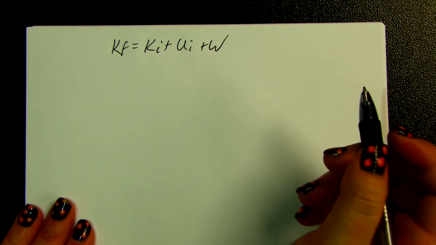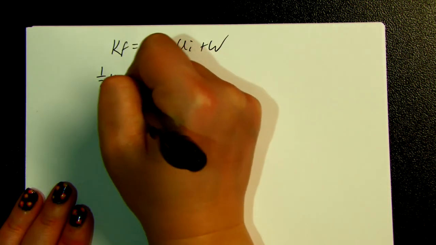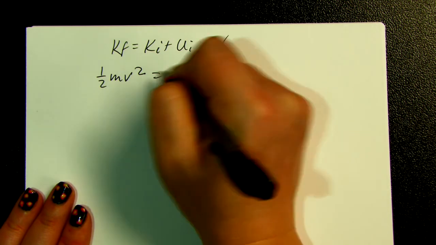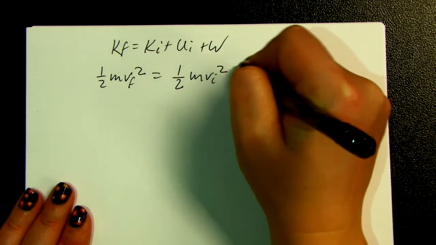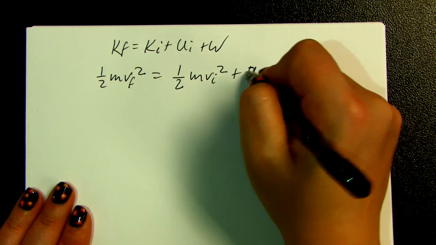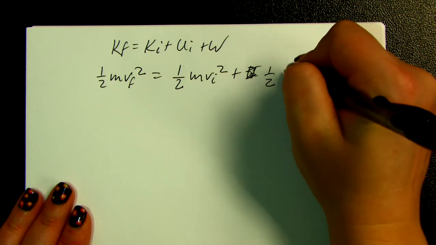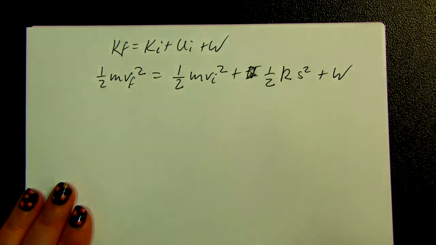All right, so we have 1/2 m v final squared is equal to 1/2 m v initial squared plus 1/2 k s squared plus work.